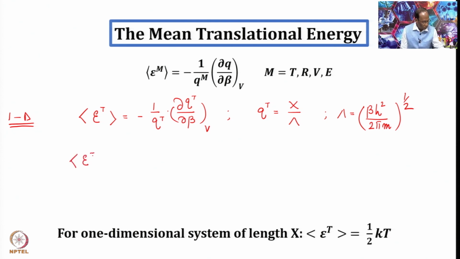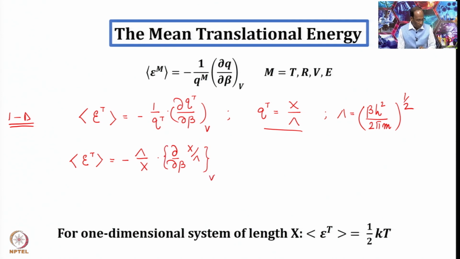So what do we have? E t is minus 1 by q. Minus 1 by q means it is lambda divided by x. This is minus 1 by q from here into del beta of q, which is x upon lambda, at constant volume.